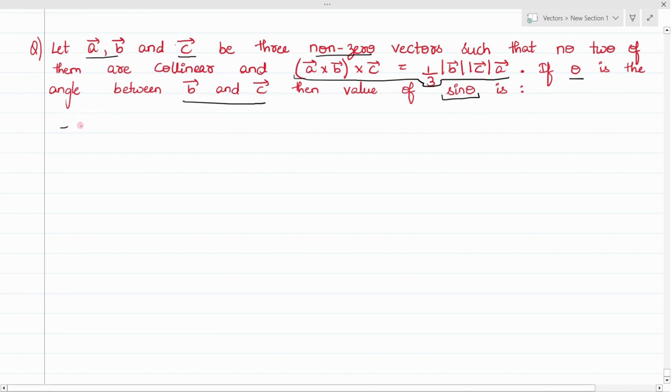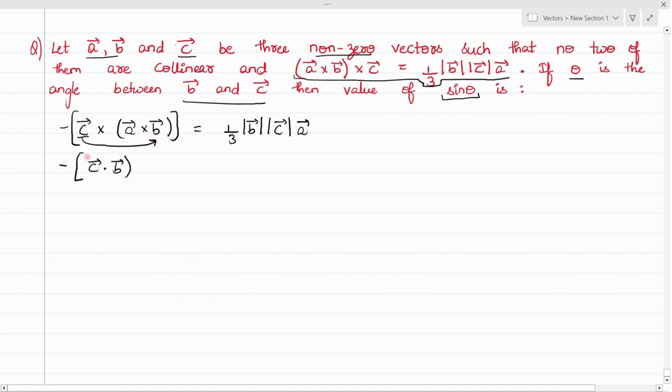We can write it as minus C vector cross A cross B is equal to 1 by 3 magnitude of B, magnitude of C, A vector. Use the vector triple product formula: take the far element, that is C dot B times A as it is, minus C dot A times B as it is.